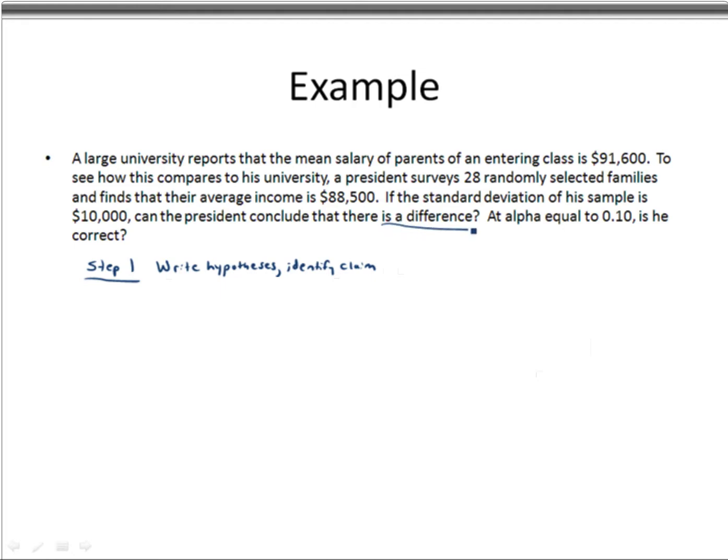If I'm looking specifically at whether or not there's a difference, then that leads me to believe that my hypotheses will have an equal to and a not equal to option. The equal to option meaning that there's no difference, and a not equal to option meaning that there was a difference between the two values.